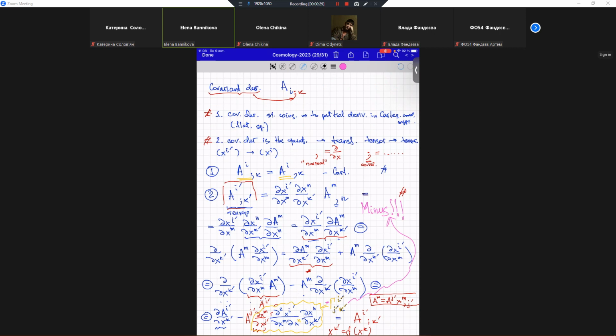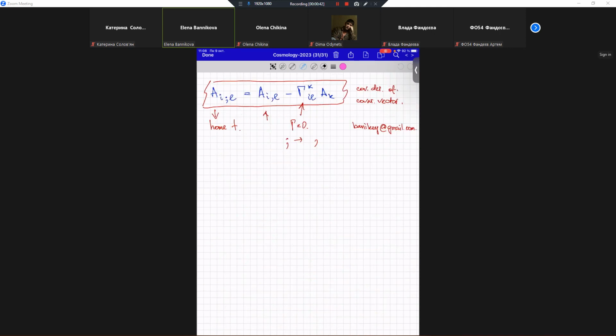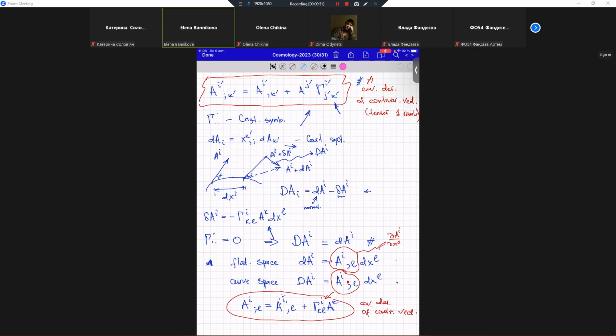Please correct here, because we had a minus here, and finally we have a plus, so it should be minus here. So let's continue, and we obtain two expressions for the covariant derivative, for a covariant and for a contravariant vector.